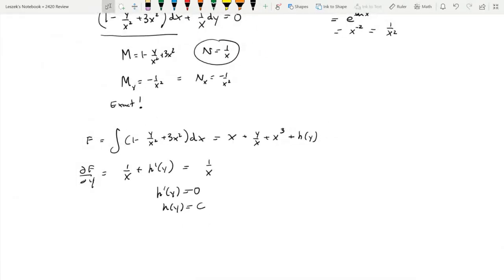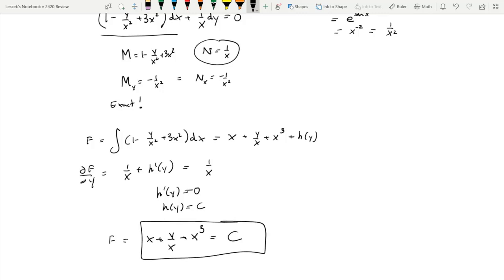All right, so now we have f, plus h of y, which we can choose to be 0, and our solution curve is where we just let this be a constant. All right.